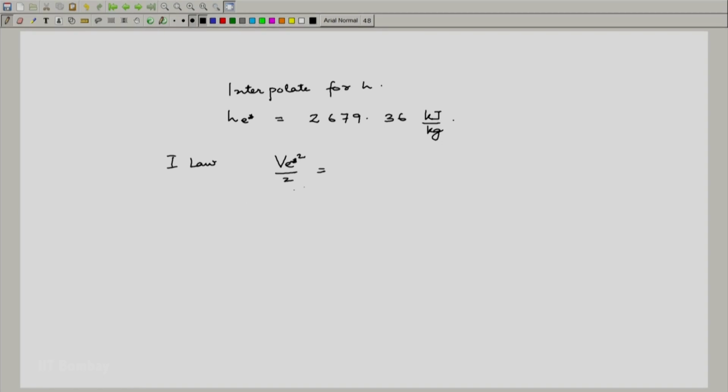And what we do then, this of course can be found out by HI plus VI squared by 2 minus HE star, and once we get VE star squared by 2, the isentropic efficiency for the nozzle is just the actual VE squared by 2 upon the VE squared by 2 that one would have obtained if the nozzle was operating isentropically.